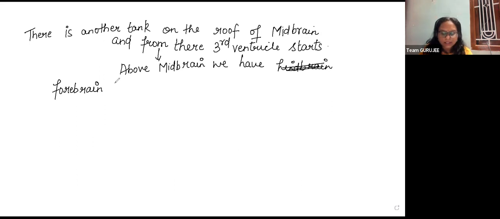So if someone asks you where your third ventricle is situated, if the option given is the midbrain roof, then you can tick that.